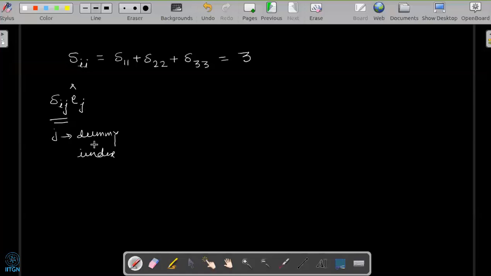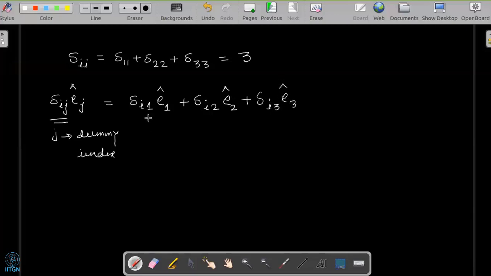It means that we have to do summation over j. So now this is delta i1 e1 cap plus delta i2 e2 cap plus delta i3 e3 cap.